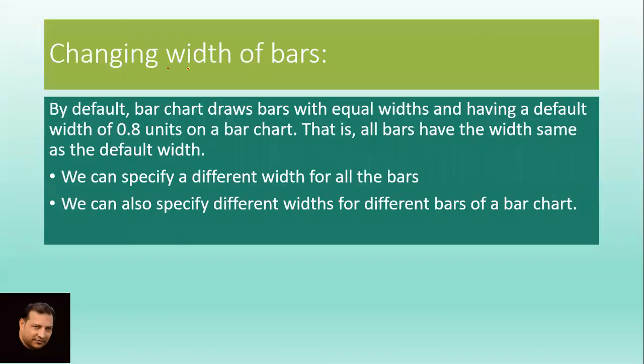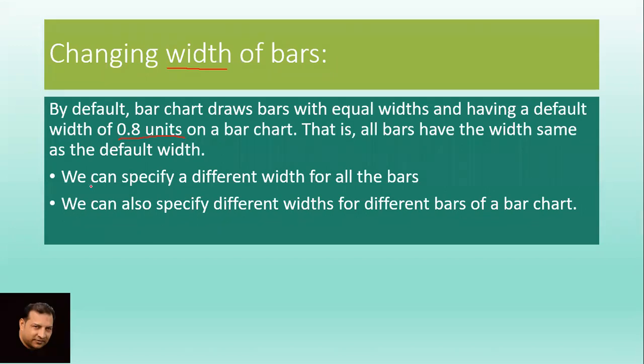How to change the width of these bars in a bar chart. By default, a bar chart draws bars with equal widths and a default width of 0.8 units. That is, all the bars have the same default width.